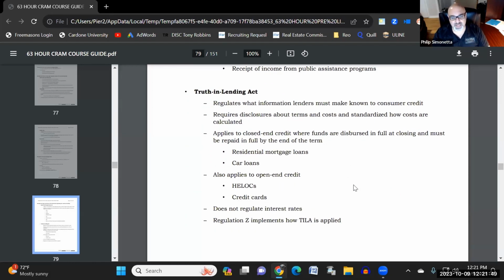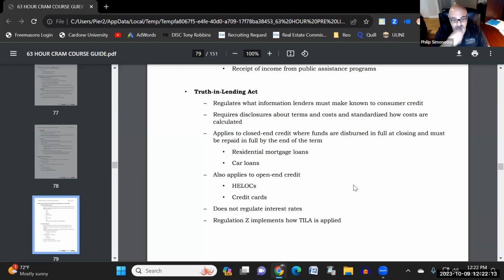Now we have the Truth in Lending Act. It regulates what information lenders must make known to consumers about credit. It requires disclosures about terms and costs and standardizes how costs are calculated. It applies to closed-end credit, where funds are dispersed in full at closing and must be repaid in full by the end of the term.